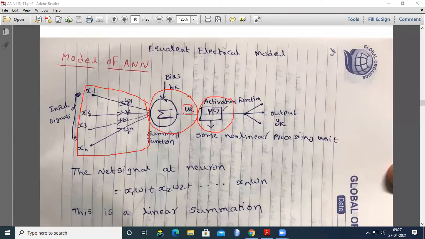The activation function can result in either 0 or 1, or -1, 1. These are the values we get. And this is the bias bk. Now you can identify that uk equals the summation x1 w1 and so on.